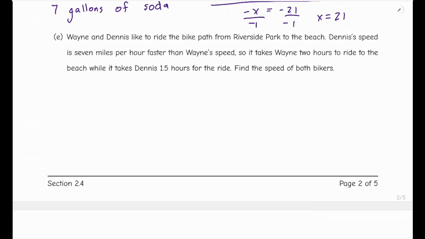So actually, before we start doing this problem, I'm going to break this problem down a little bit. This type of problem where you're talking about speeds and distances and times are called uniform motion problems.